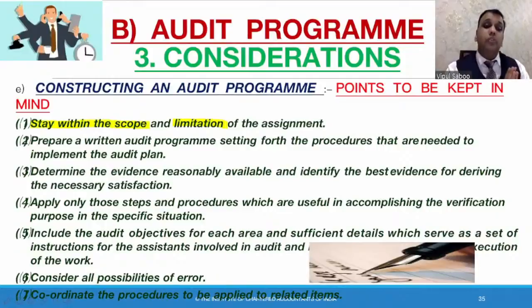So you have to stay within the scope of your contract, your engagement, and the limitation of the assignment. Yes, Shivam, you can say that it is a set of audit procedures. You don't have to jump out of your scope, out of your circle, right?